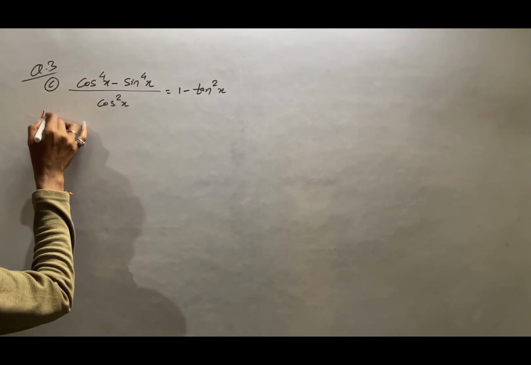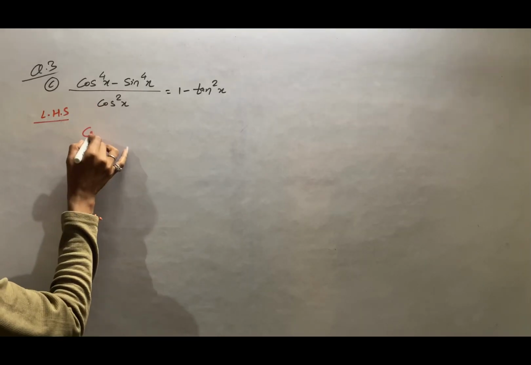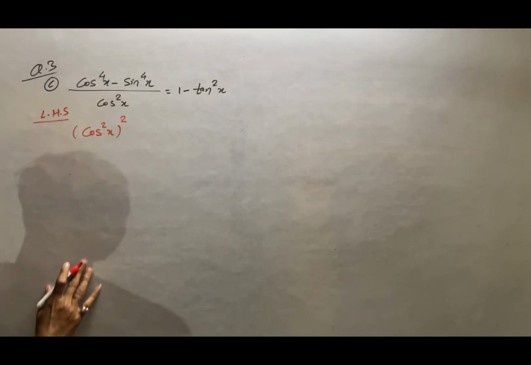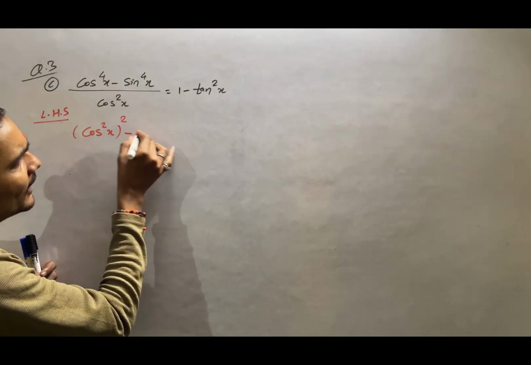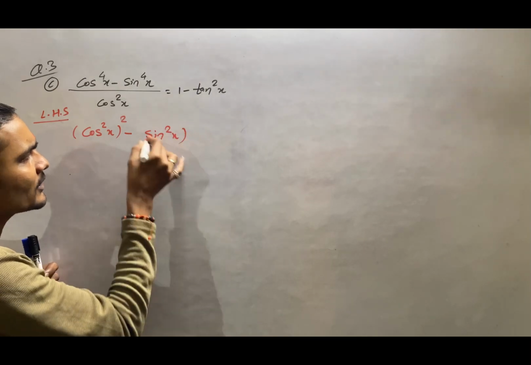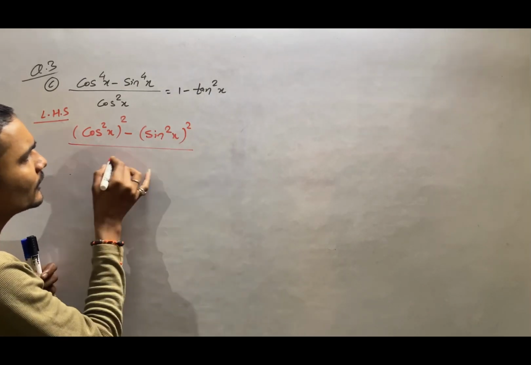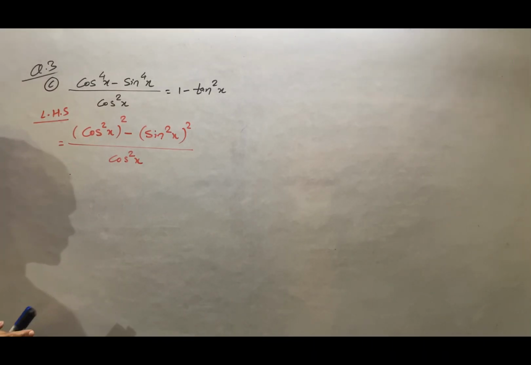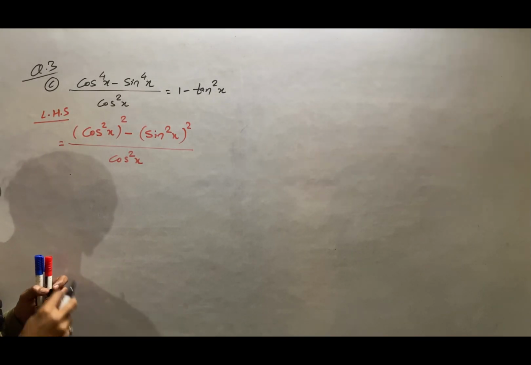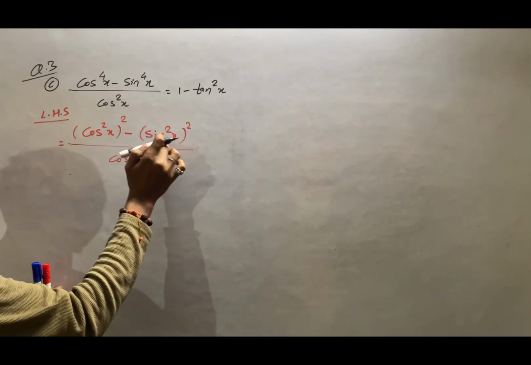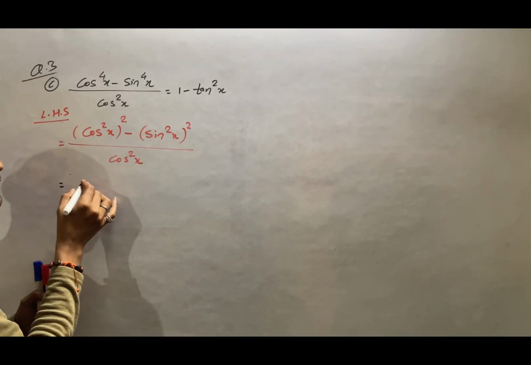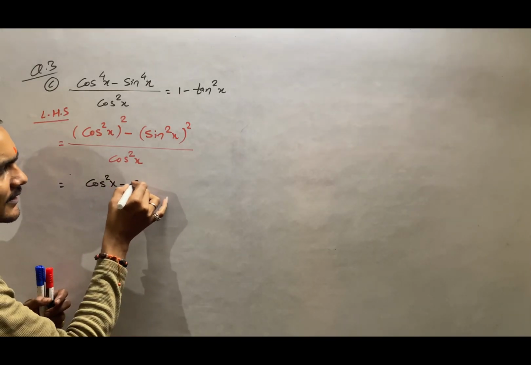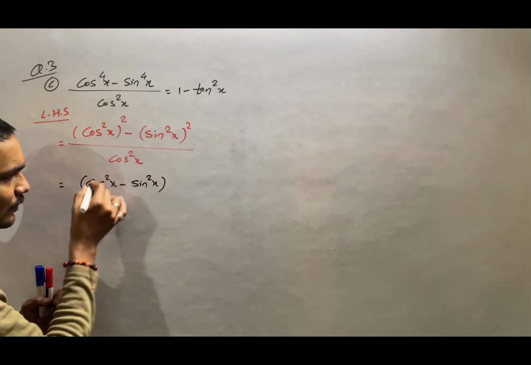So, in LHS, can we write cos raised to 4 instead as cos square of x whole square and negative sine square of x whole square, over cos square of x. So, here we can use a square minus b square.